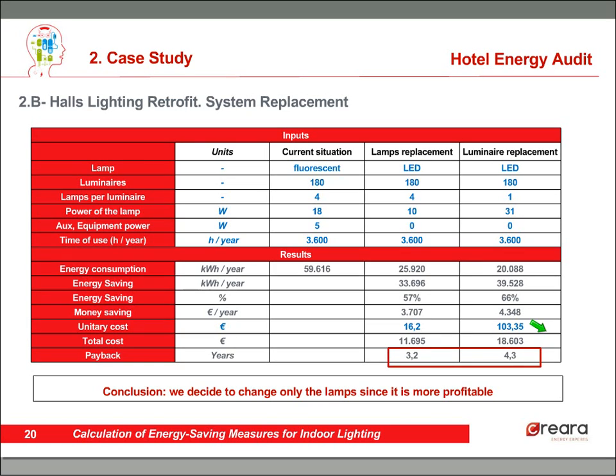So the total cost is 11,000 in lamps replacement and 18,000 in luminaire replacement. So we can see that the lamps replacement is more profitable. If we decide by profitability, we should choose the first alternative, the lamps replacement.